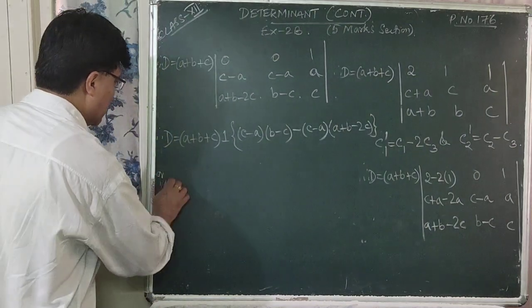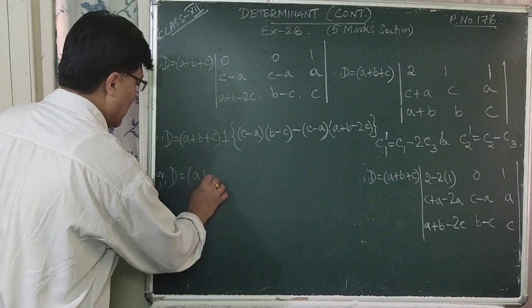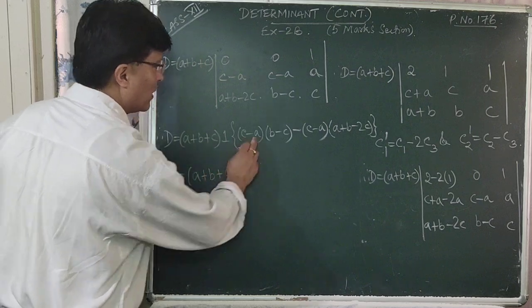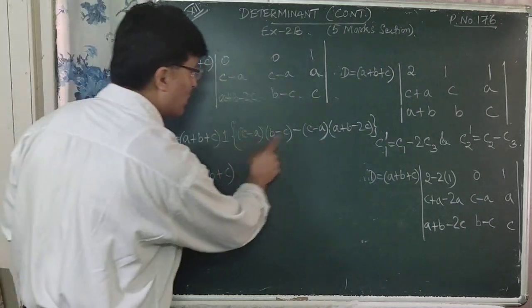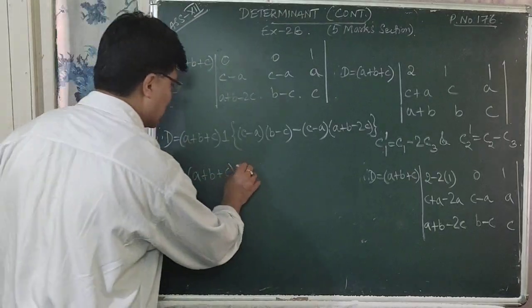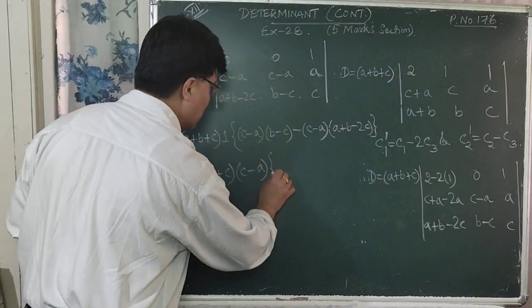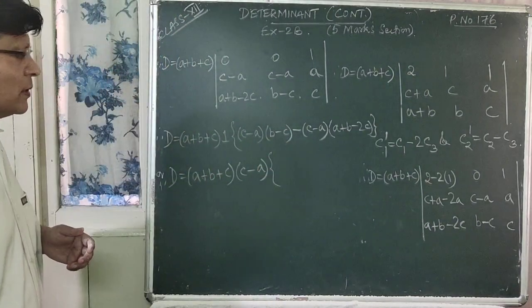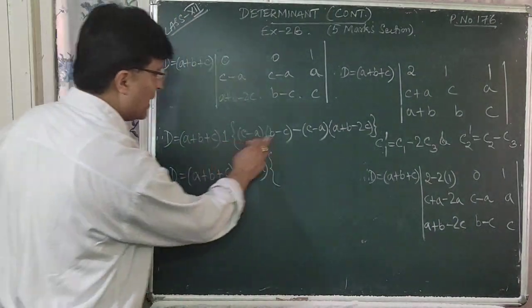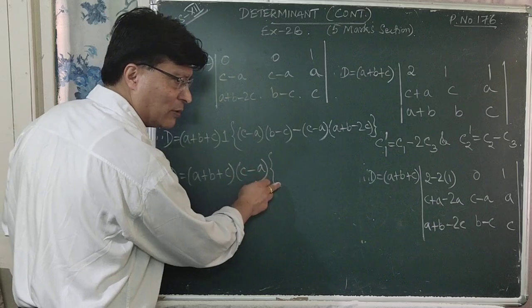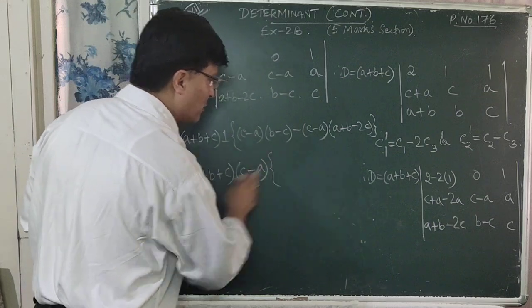So now let us simplify it once again. D is equal to, this is A plus B plus C. Again, what is common here? C minus A, isn't it? So here C minus A is taken common. So within second bracket, what do we get? Write down within second bracket the remaining terms.